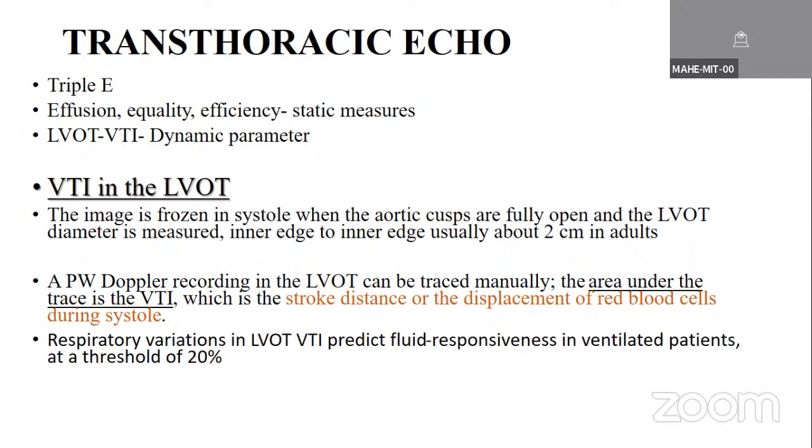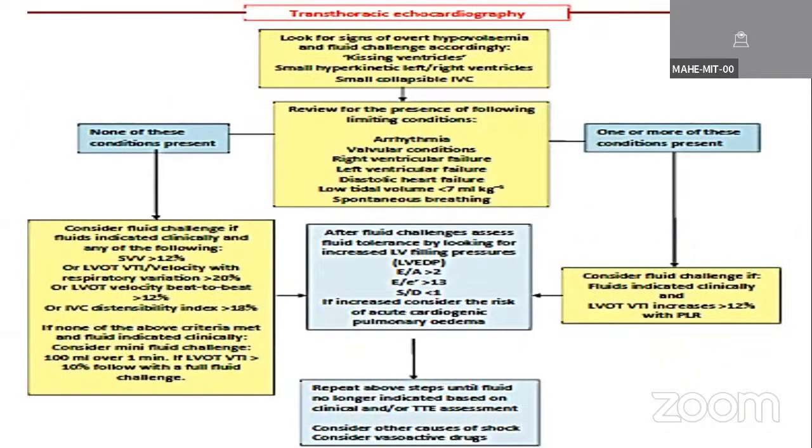VTI basically tells the stroke distance or displacement of the RBC during systole. If the VTI variation is more than 18 to 20%, then the patient is fluid responsive.